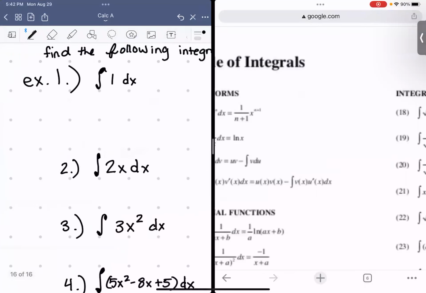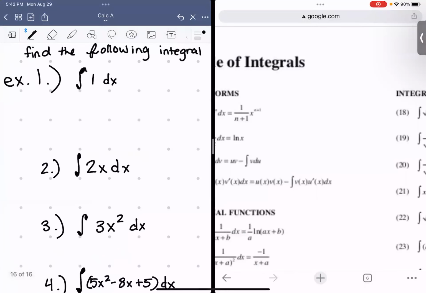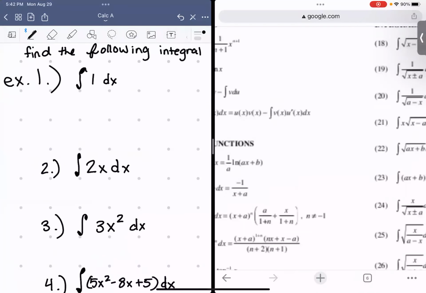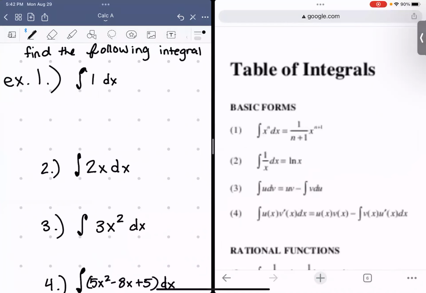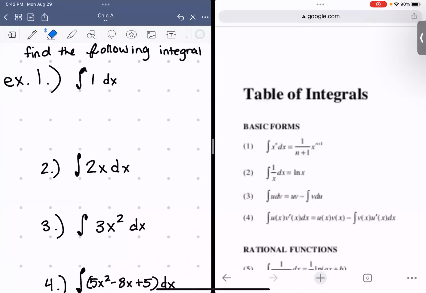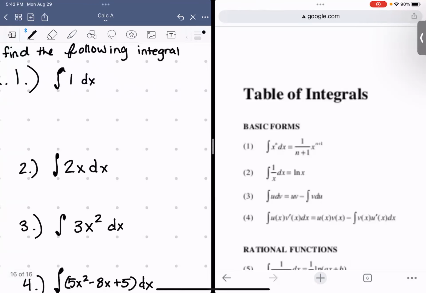So we want to find the integral of 1 dx. That's a constant, so if we're working backwards, what would give us 1? The derivative of x is 1, right? So the integral of 1 is going to be x plus c.